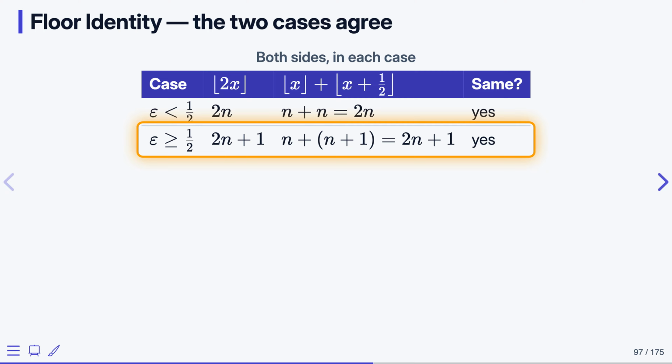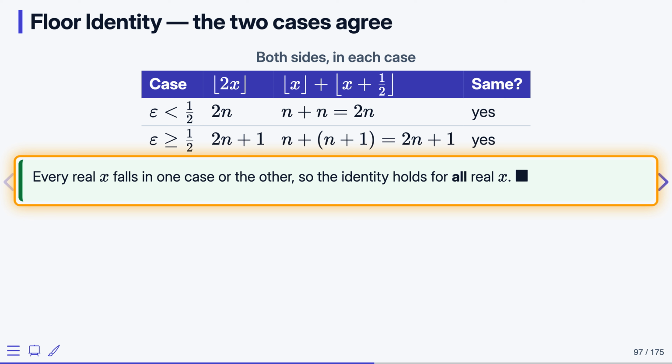They agree again. Now the last step of any case proof. Ask whether the cases cover everything. The leftover epsilon always sits from 0 up to 1, so it is either below 1/2 or it is not. There is no third possibility, so the identity holds for every real number x, and the small black square marks the end of the proof.